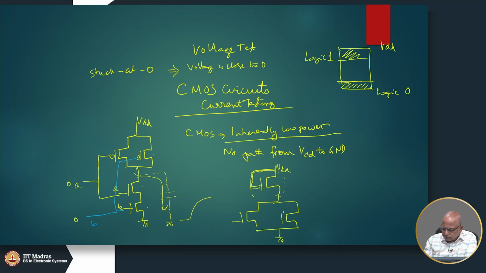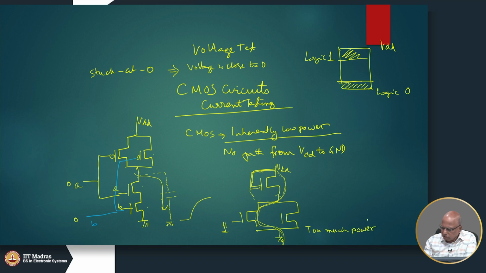So by chance, if you apply a 1 here, this guy will turn on, and there is a conduction path. This is like a resistance, and it will lead to a significant amount of current flowing. So that is the problem with NMOS. Too much power.